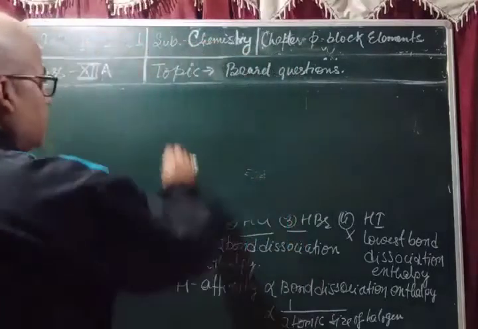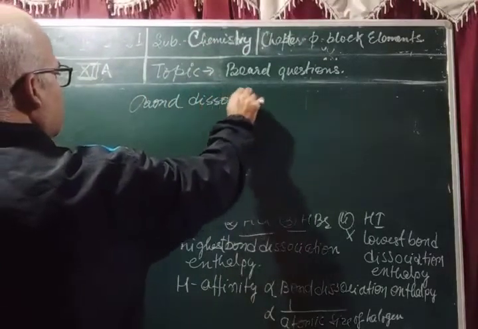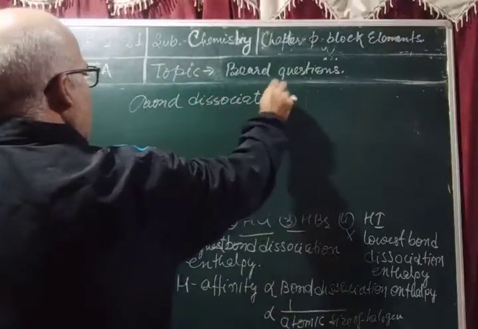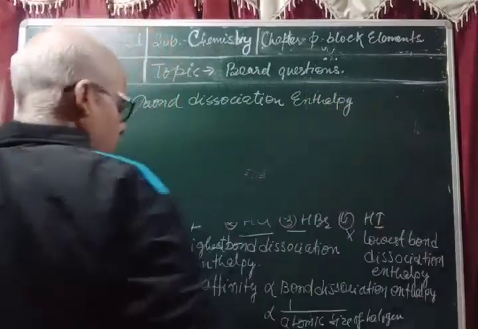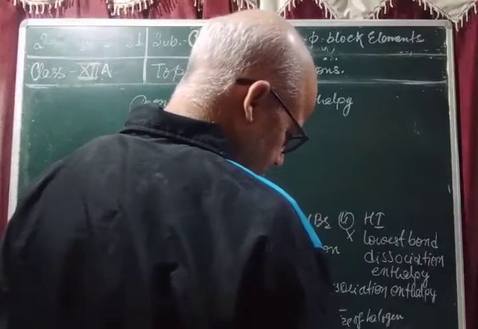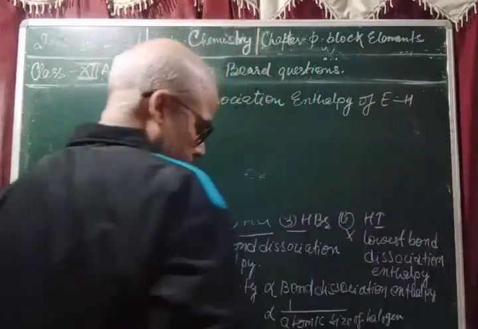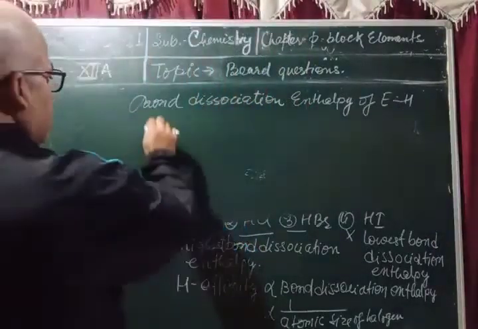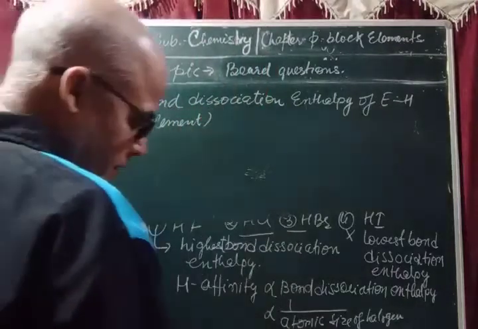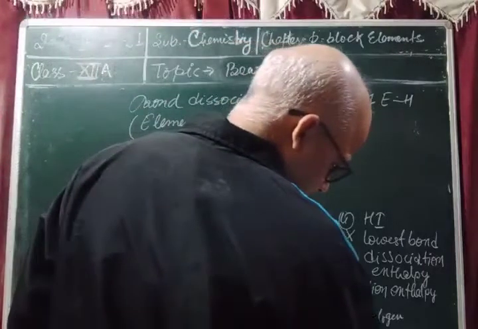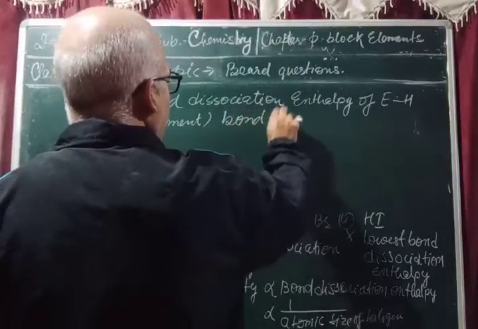Bond dissociation enthalpy of EH, E is the element. Okay, EH bond is given below.